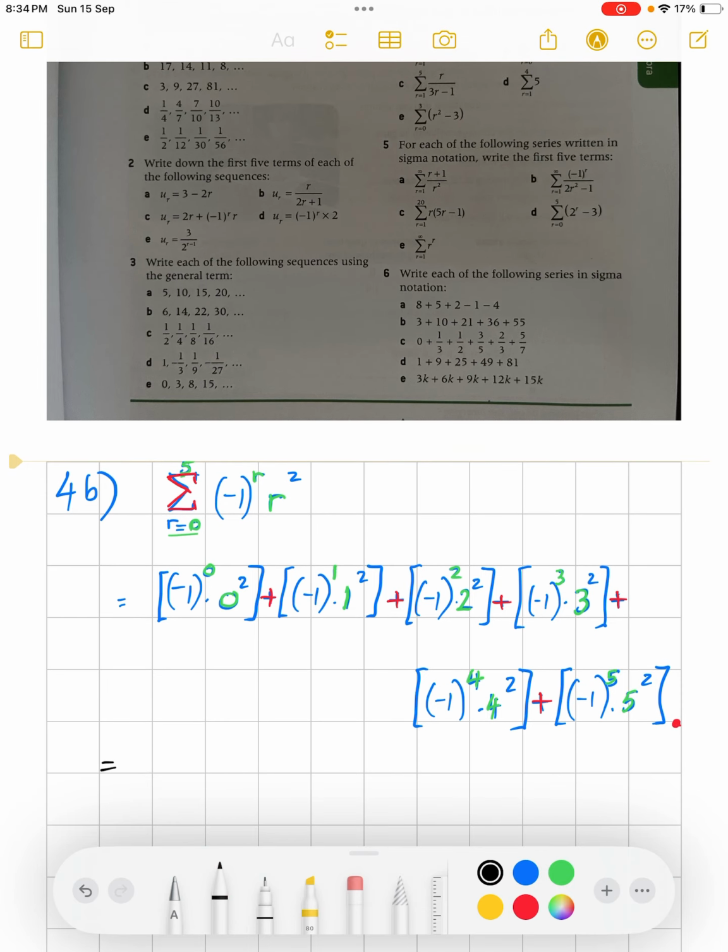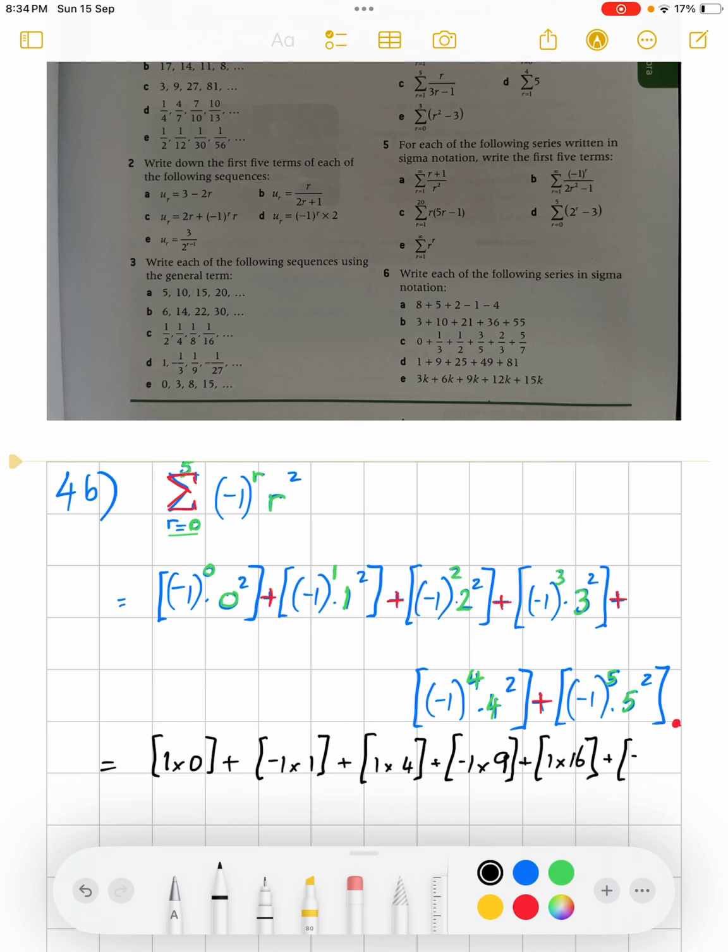And the first one, -1 to the power of 0 is 1, and 0 squared is 0. -1 to the power of 1 is -1, and 1 squared is 1. -1 squared is simply +1. 2 squared is 4. -1 cubed is -1. 3 squared is 9. -1 to the power of 4 is 1. 4 squared is 16.